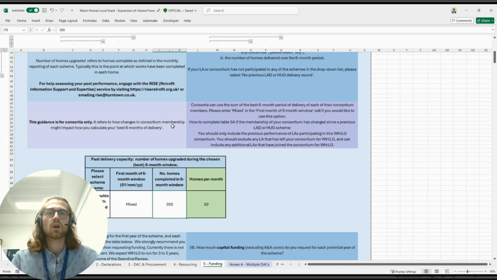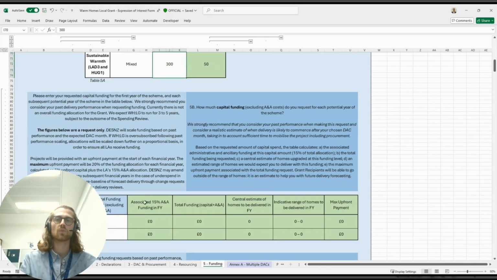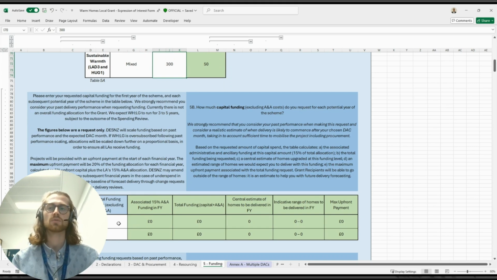So moving onwards, in question 5b, we then ask for a capital funding request. By this we mean capital funding excluding admin and ancillary funding.